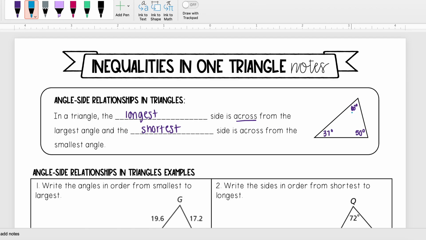So I'm seeing from my three angles here, my largest angle is 63 degrees. So that means that my longest side is going to be this side here. And then on the other side of that, the side across from my smallest angle, so the smallest angle here is 37 degrees, is going to be my shortest side.